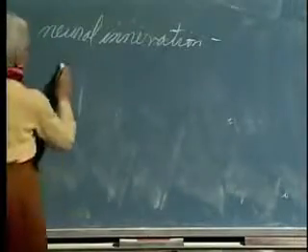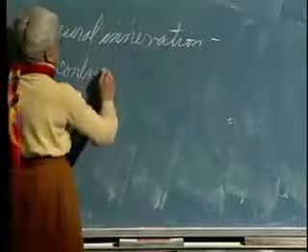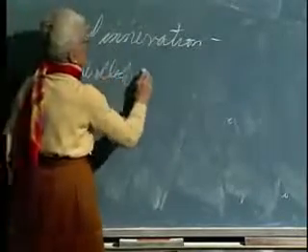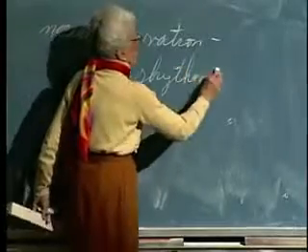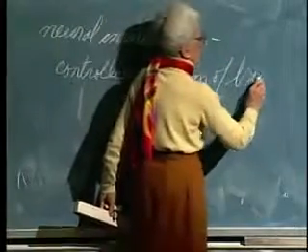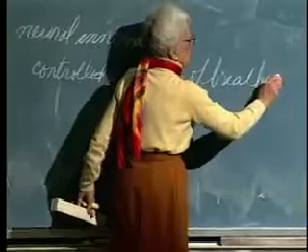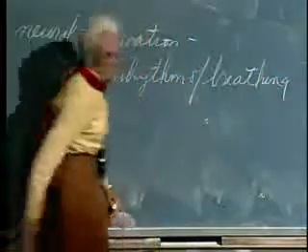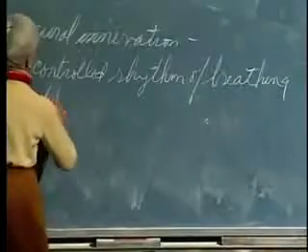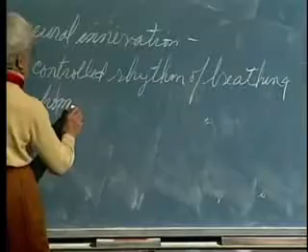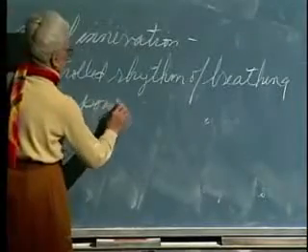The controlled rhythm of breathing. Where in the brain is it coming from? It's coming from what's called the pons and the medulla. From pons and medulla, we'll see those when we develop the brain, for those who haven't studied it.